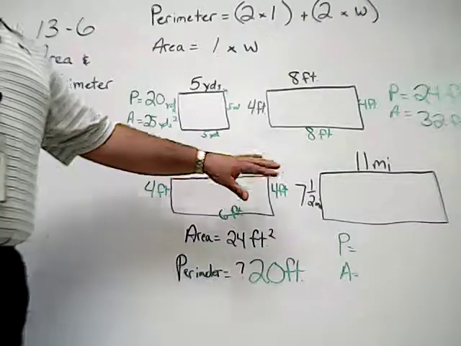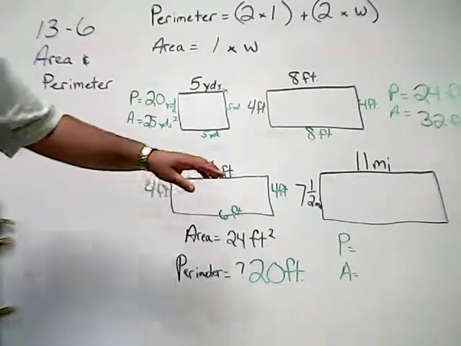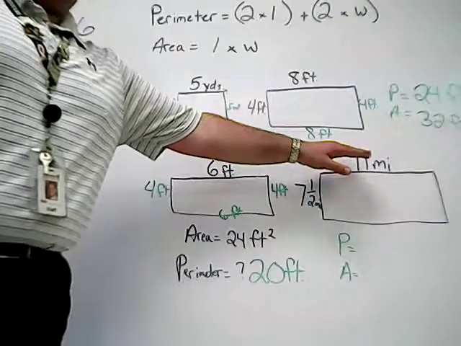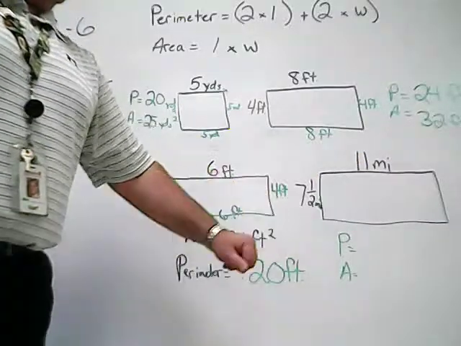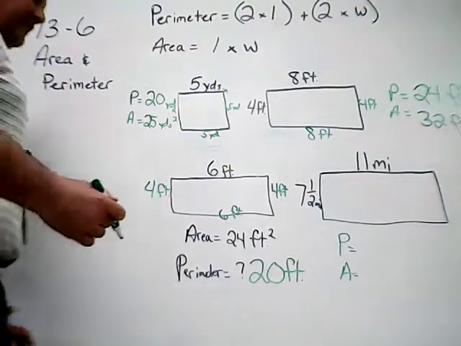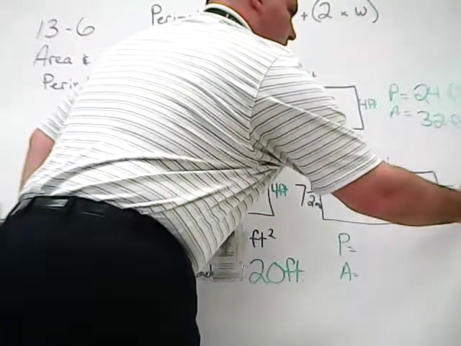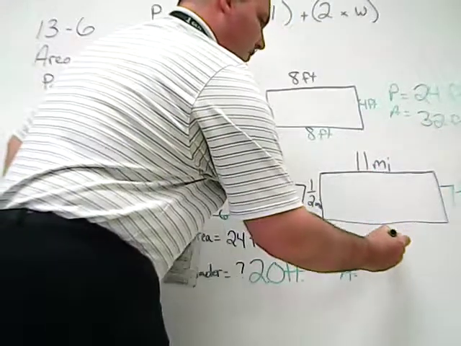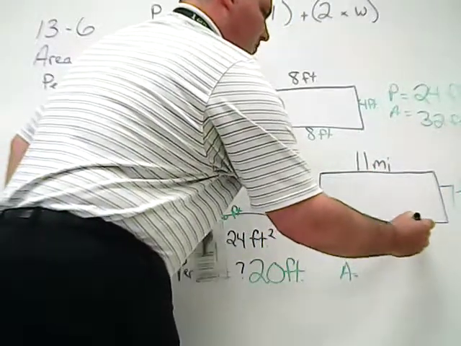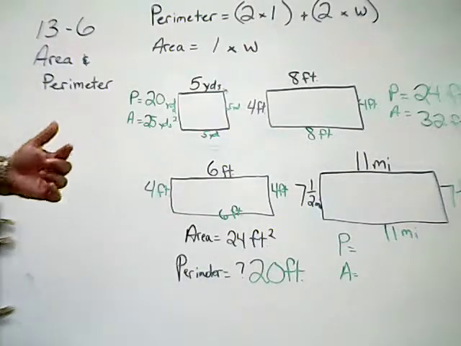So my last one, I have a little challenging problem here. I have one side being 11 miles, the second one being 7.5 miles. So how am I going to solve this? Well, I'll do my perimeter first, fill in the missing pieces. 7.5 miles and 11 miles. And then I'm simply just going to add my outsides.